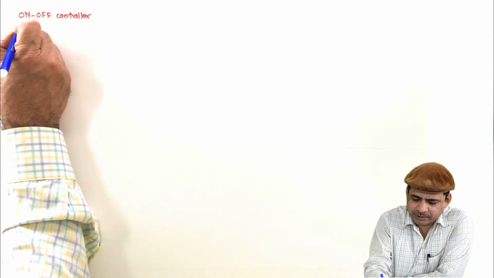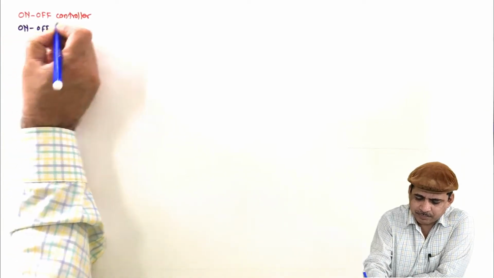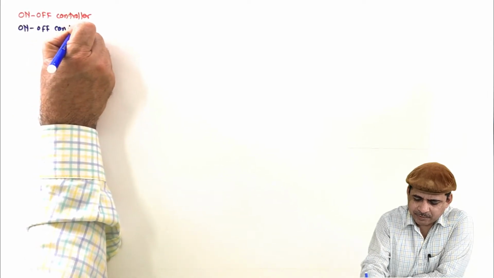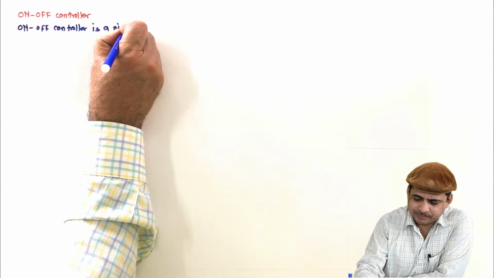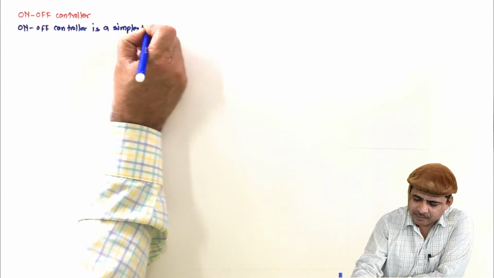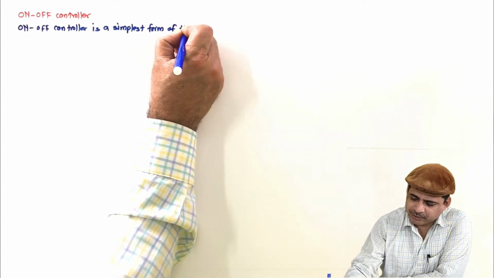So the on-off controller is the simplest form of the controller.